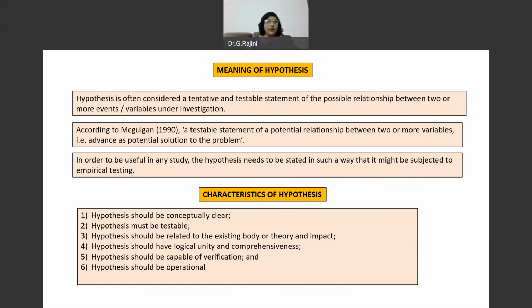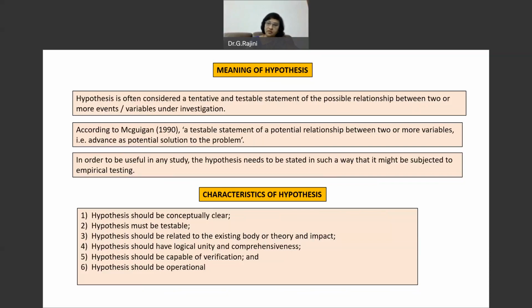In order for this to be useful in the study, the hypothesis needs to be stated in such a way that it might be subjected to empirical testing. So when you frame the hypothesis, you should be very careful, because we need to keep in mind what type of test you are going to apply. Based on that only, the statement would be framed.